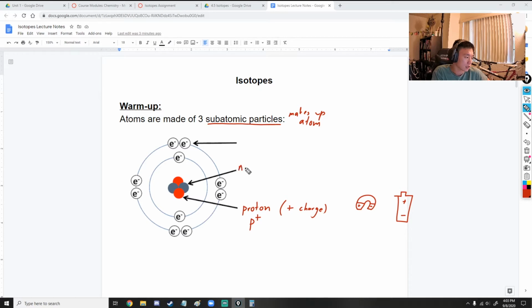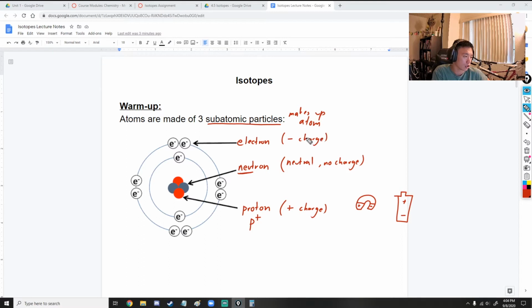Alright, the second subatomic particle is called a neutron. And a neutron kind of tells you what its charge is by its name. It's neutral. Okay, so neutral means that it has no charge. So a neutron has no charge, like a proton has a positive charge, a neutron has no charge. And then the last subatomic particle is called an electron, and the electron has a negative charge.